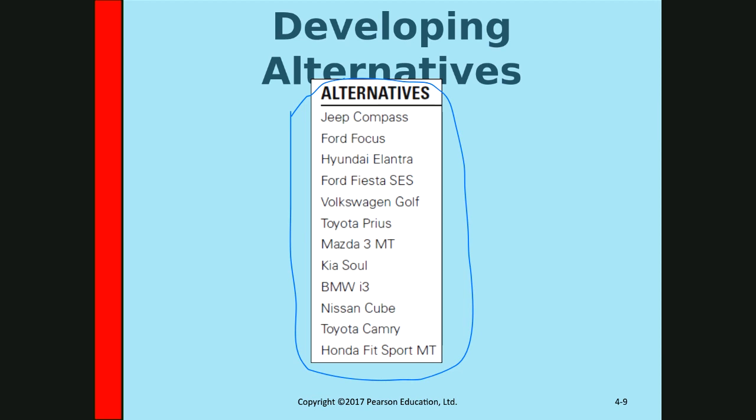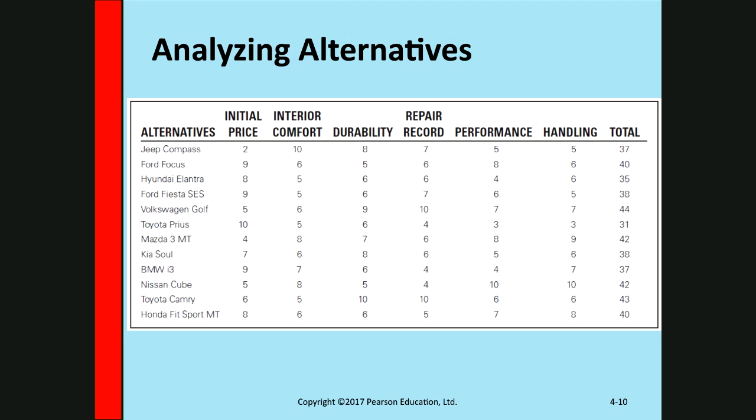Okay, good. Now the next one is we will start to analyze alternatives. Analyzing alternatives means you will list down all the cars, and then you will write down the weighting.